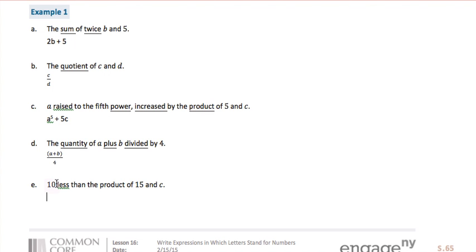Then, in example 1e, we have 10 less than, which means subtract, the product, which means multiply, of 15 and c. Now, 10 less than the product means that I'm subtracting 10. It is not 10 minus. So I'm going to start with the product of 15 and c, and then subtract 10.